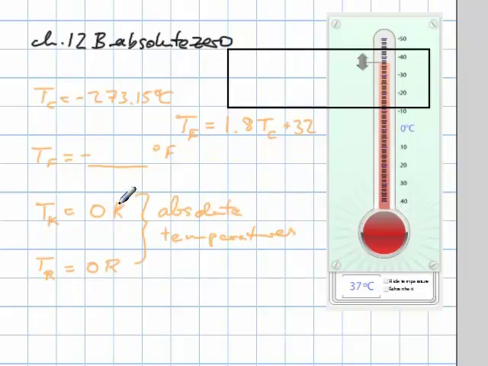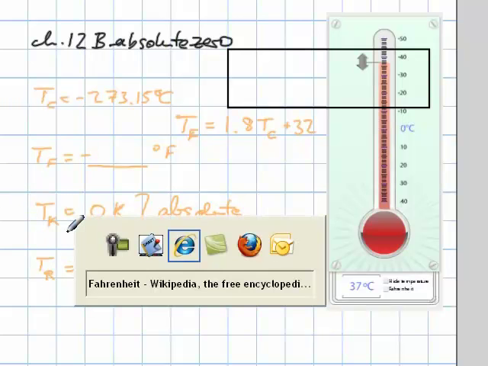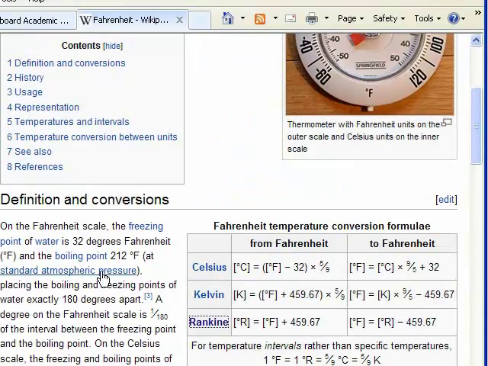And the Kelvin is associated with the Celsius because there is a simple subtraction or addition of the 273 degrees, and the Rankine is associated with the Fahrenheit because there is a simple subtraction or addition of 460 degrees. By the way, here I'm giving the answer to this problem.